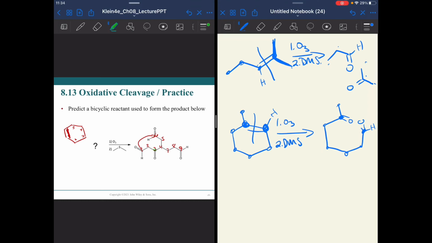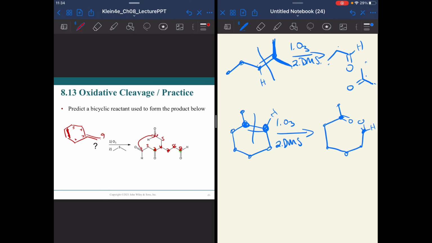Carbon 3 and carbon 9 would then be the other ring. So it would have been double bonded to each other. So it would be 1, 2, 3, 4, 5, a 5-membered ring. So if 3 and 9 were attached, I'm just going to put this out here.